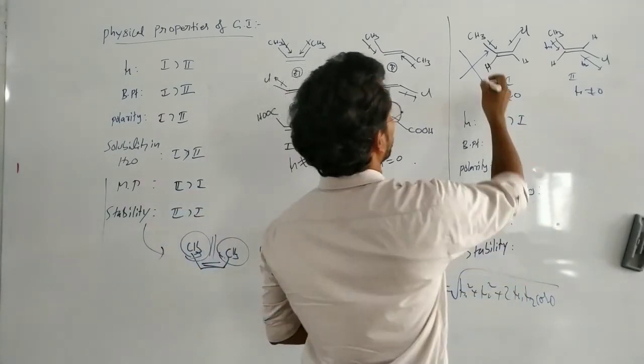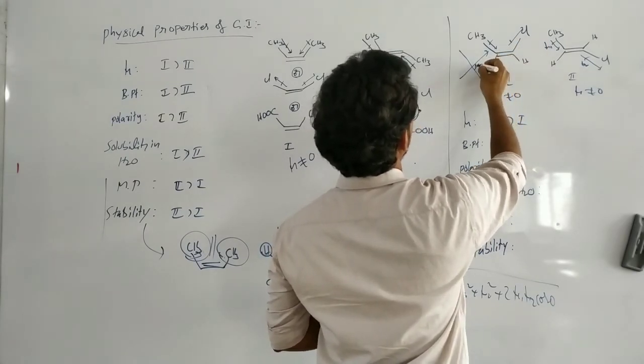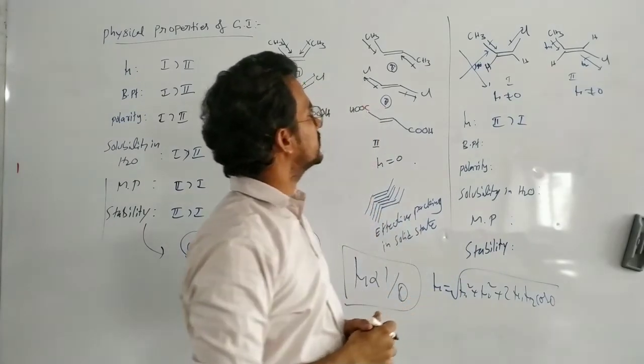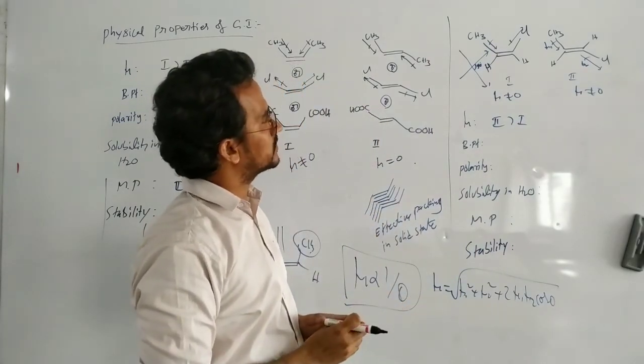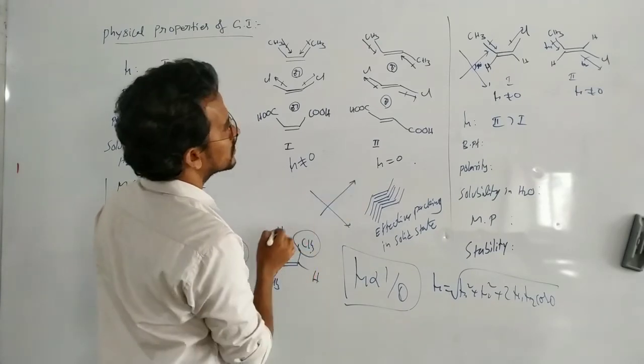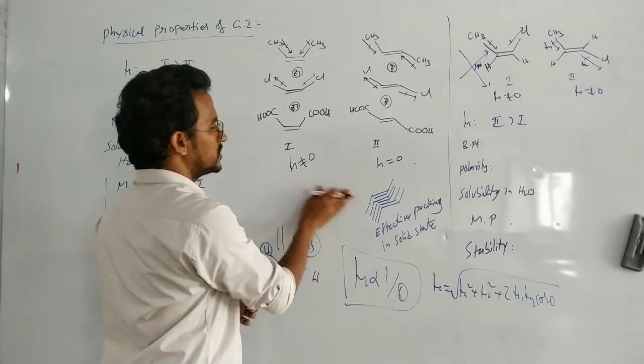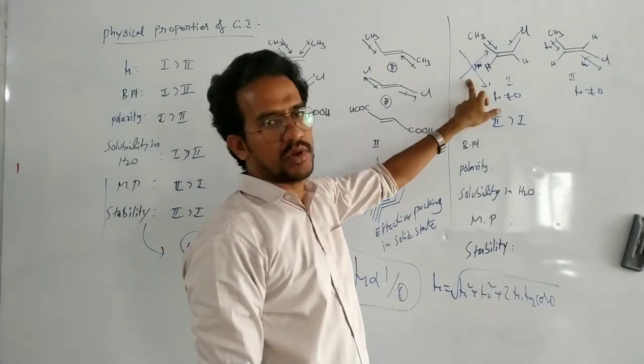Here in this case, the angle is, I think, 90 degrees. Yes, 90 degrees mostly. So that means it has a lower dipole moment.